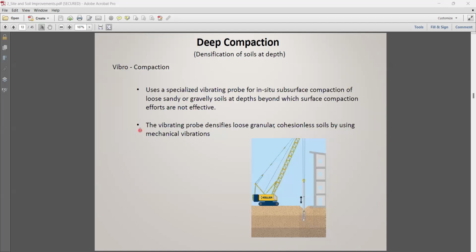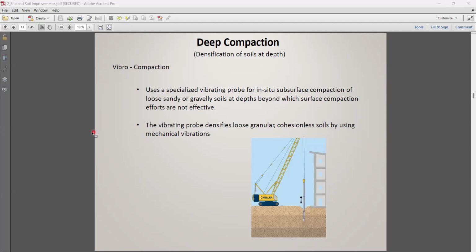Now, the second method is vibrocompaction. That's dynamic compaction; this is vibrocompaction. Vibrocompaction means we are using vibration.